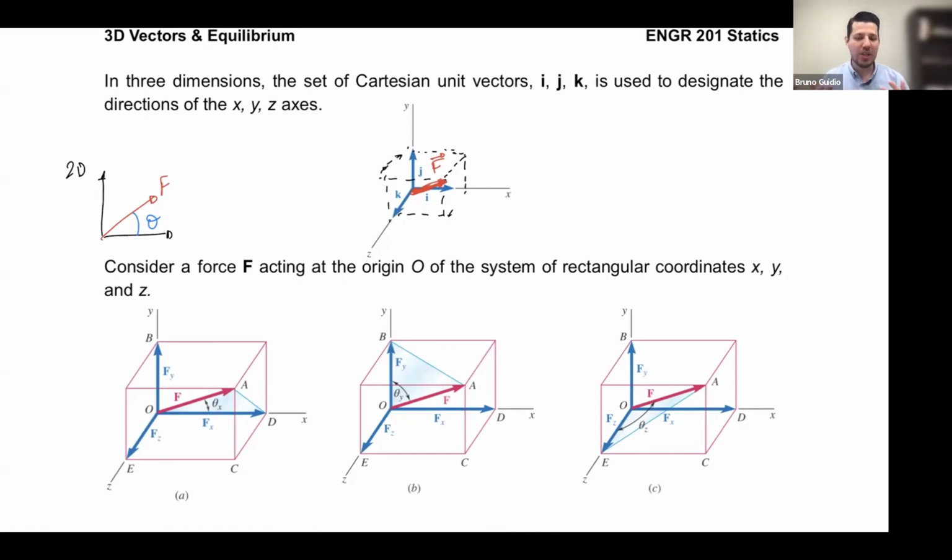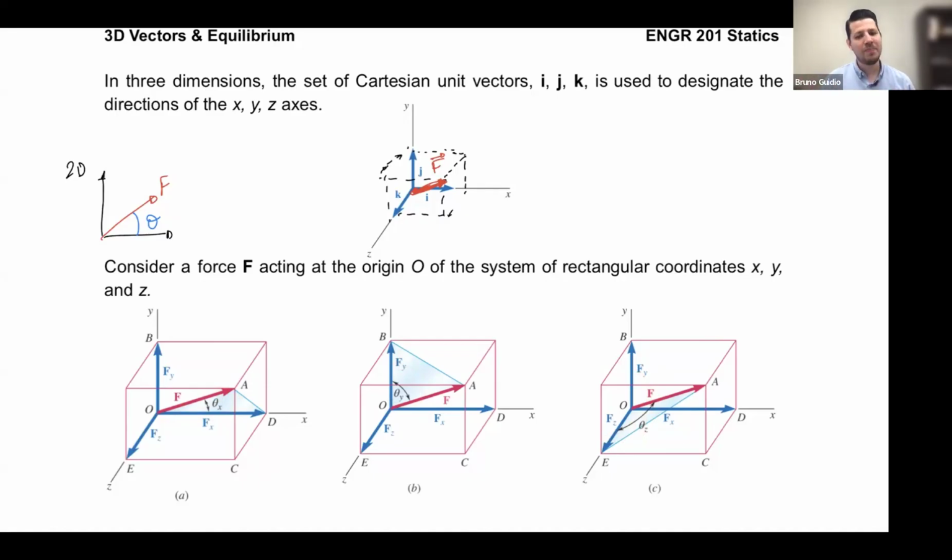But what about 3D? In 3D, as you can see here, we have an angle between the x-axis and the vector, another angle for y, another for z, and we can have the complementary angles over there. So which angle are we going to use and how are we going to write it? Because one will be sine, one cosine, tangent.